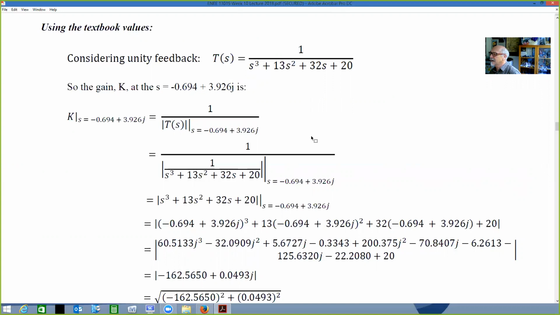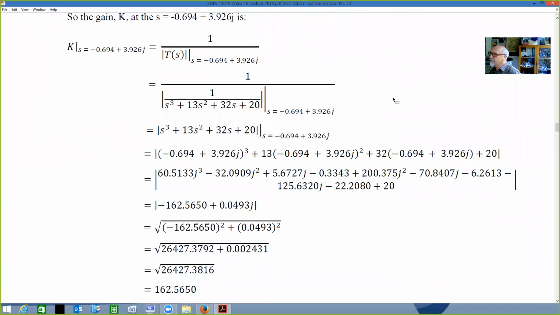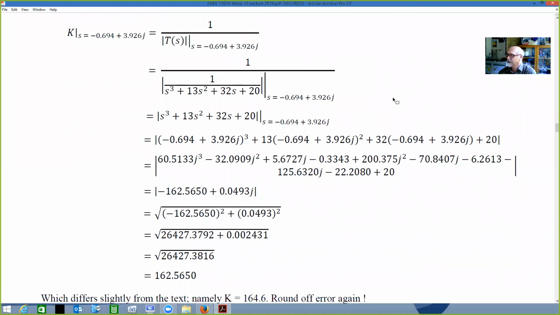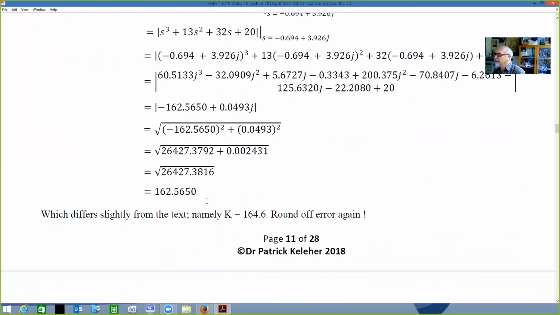So we plug in, as usual, just using the basic equation from the definition of root loci and how the gain has that value. We find that it's got a gain of 162.5650. Now this differs slightly from the textbook. Again, it's just a round-off error.